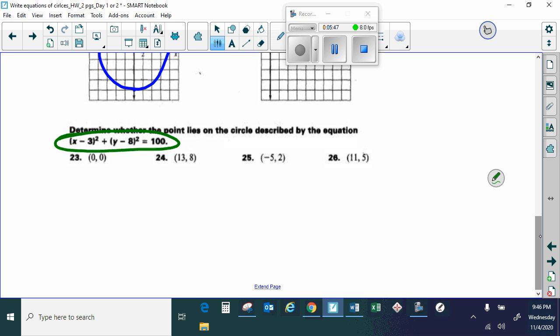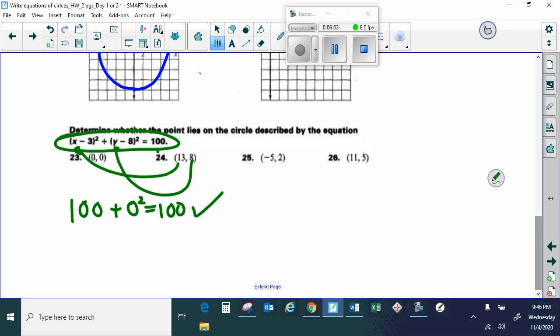In this case, they give me the equation. I need to plug in the x coordinate into the x, the y coordinate into the y, and check to see if that statement is true. So 13 minus 3 is 10 squared is 100. Plus 8 minus 8 is 0, squared is 0. Does that equal 100? Yes, it does. So that is on the circle.